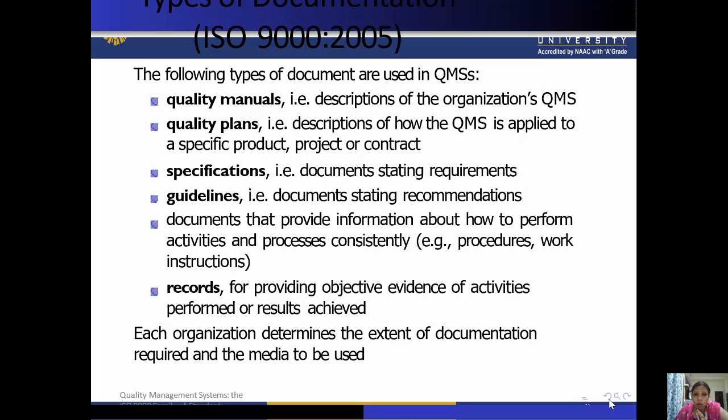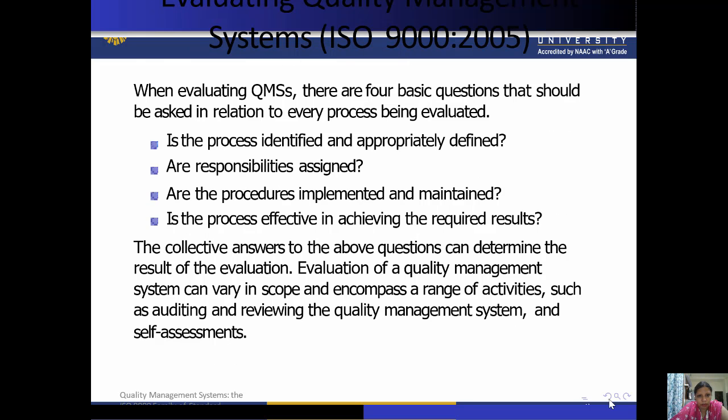In this, all the descriptions related to the QMS and its application to specific products are given. Now the specifications state the requirements of the QMS. Similarly, the guidelines give all the recommendations related to the QMS, and all the activity records are there in the records.